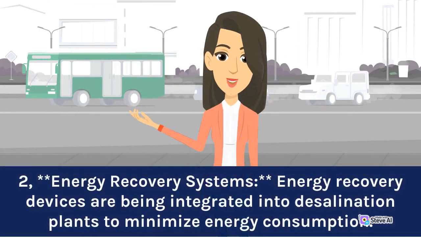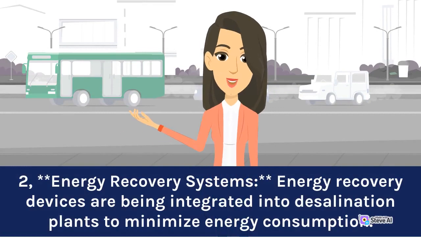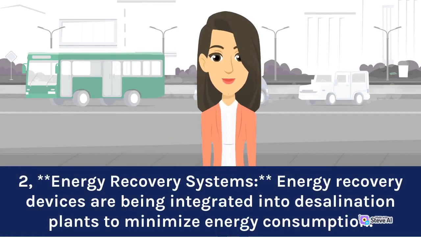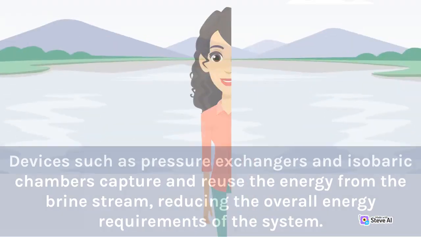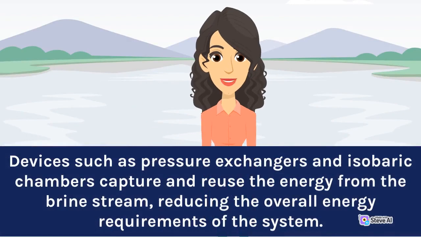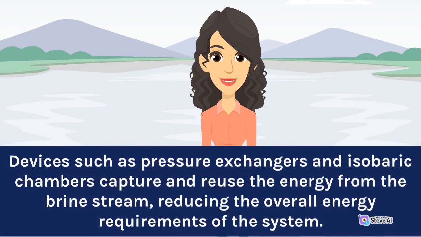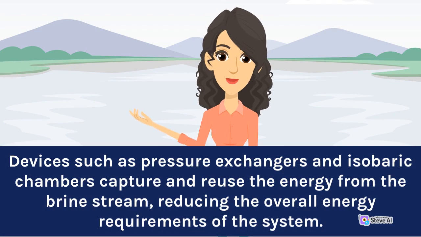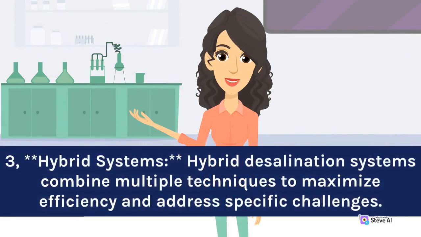2. Energy recovery systems. Energy recovery devices are being integrated into desalination plants to minimize energy consumption. Devices such as pressure exchangers and isobaric chambers capture and reuse the energy from the brine stream, reducing the overall energy requirements of the system. 3. Hybrid systems.